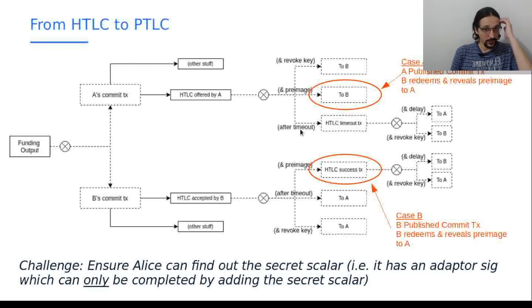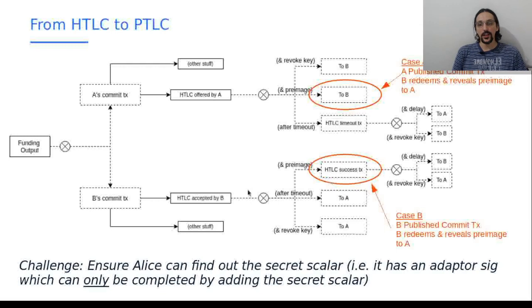This is the standard HTLC binding process, where if Alice publishes her commitment transaction, Bob can redeem by revealing the pre-image. And if Bob broadcasts his commitment transaction, Alice can still find out the pre-image because Bob is still going to reveal the pre-image via the success transaction.